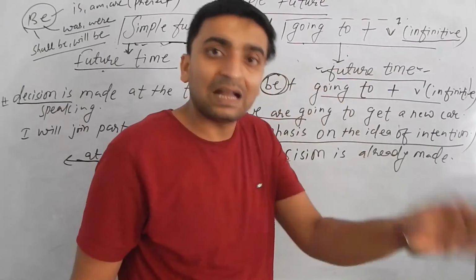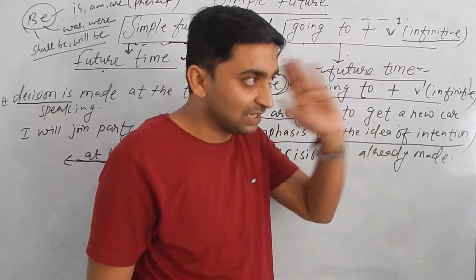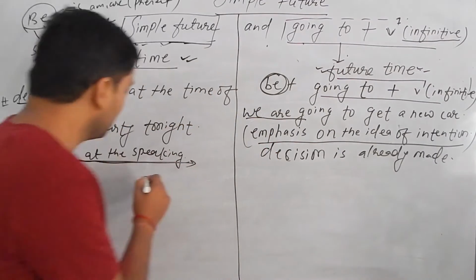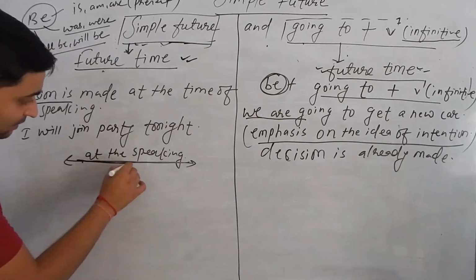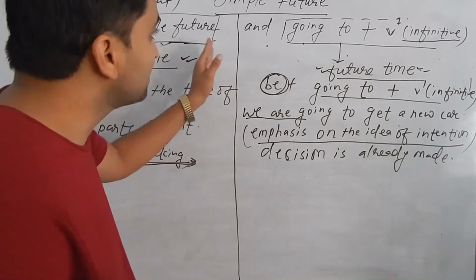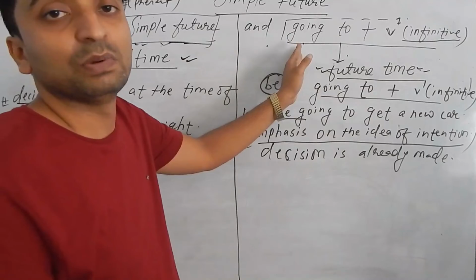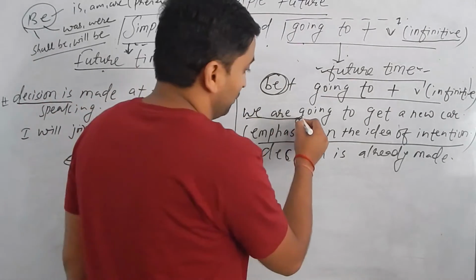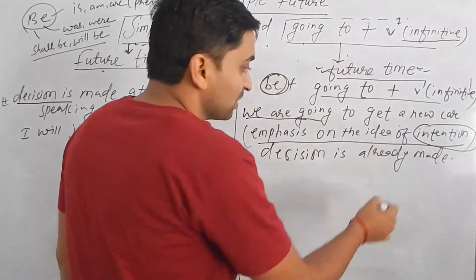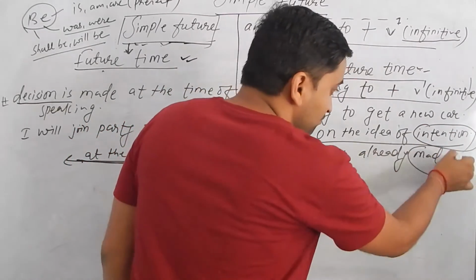So your intention is very much clear, no doubt in your mind. But with simple future, the decision is made at the time of speaking. So that is the very crucial difference between simple future and going to plus B1. You understand it? It focuses on intention. It focuses on a decision already made.